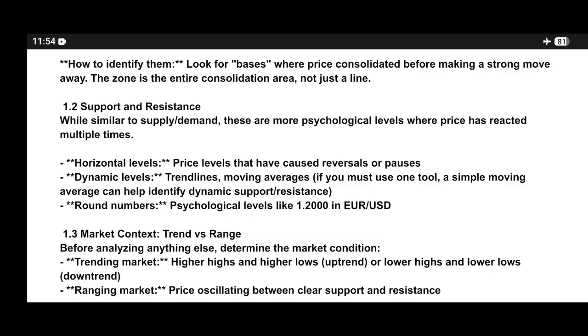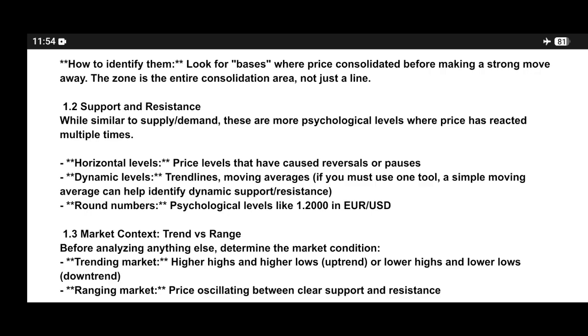Any number that is whole, that doesn't have another number attached to it except zero, is a psychological level. You need to pay attention to those levels because it's very, very important. Towards the end of the video, I will go to my chart and show you examples of psychological levels. I get my point. So let's continue.